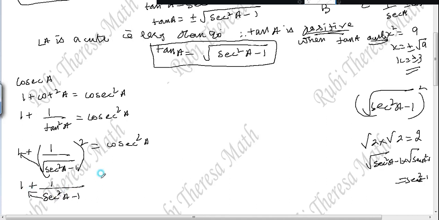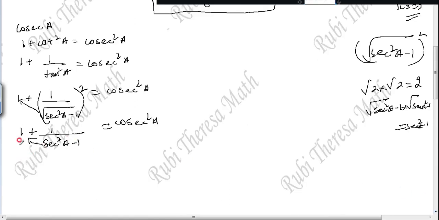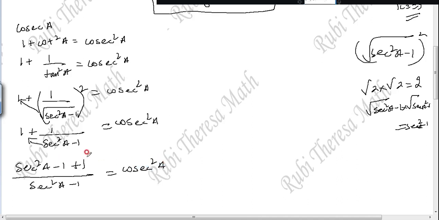Now you take the LCM equal to cosecant squared A. While you are multiplying, since it is 1, secant squared A minus 1. Here plus 1 divided by secant squared A minus 1 equal to cosecant squared A. So this plus 1 minus 1 will get cancelled.